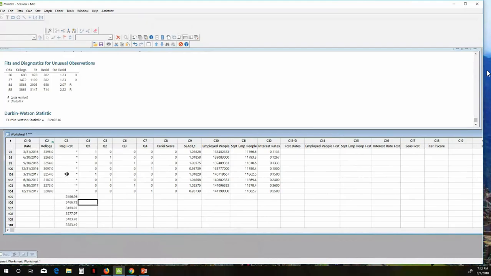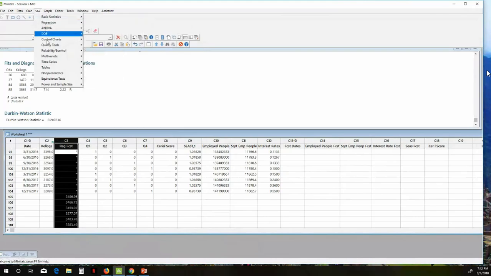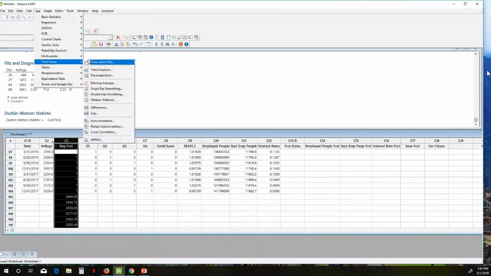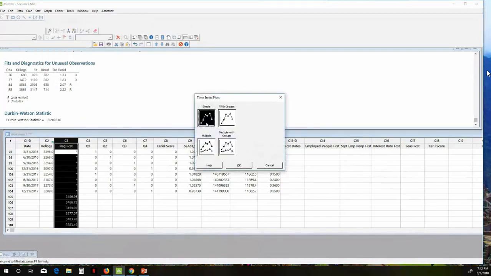There it is. So if I plot this, we should have the actuals and the forecast. Here we go. Stat, Time Series Plot. Multiple, because we're using multiple columns, aren't we? Select OK for that.